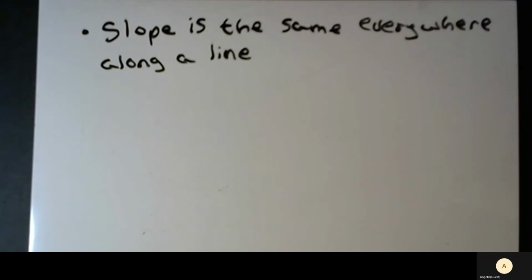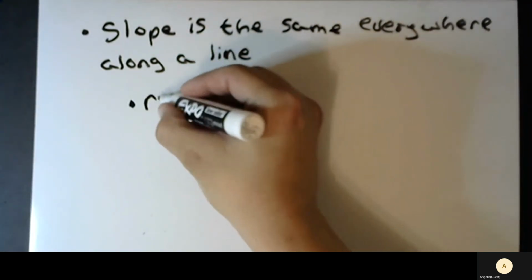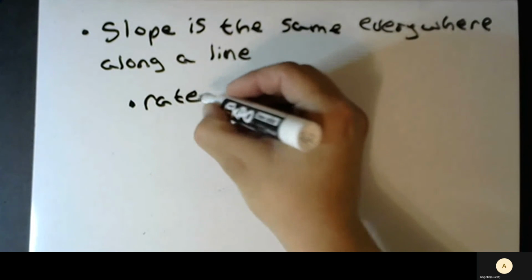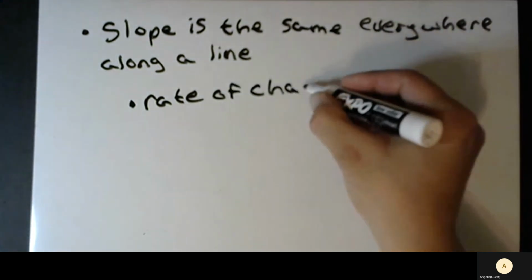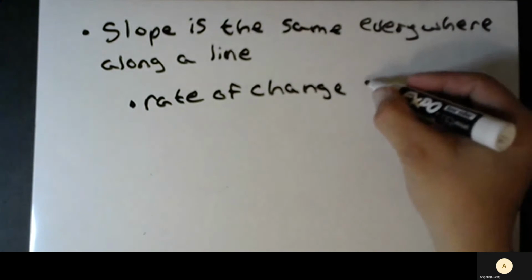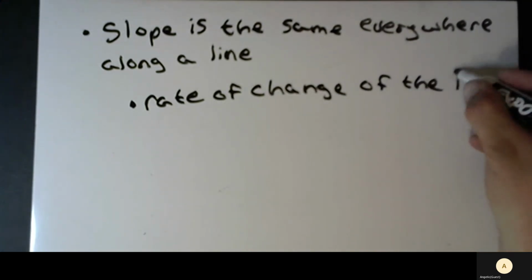So if you have a line, the slope in one place will be the slope everywhere else. It won't be any different. And then what it tells you, it's the rate of change of the line.